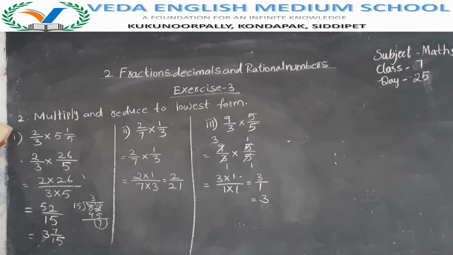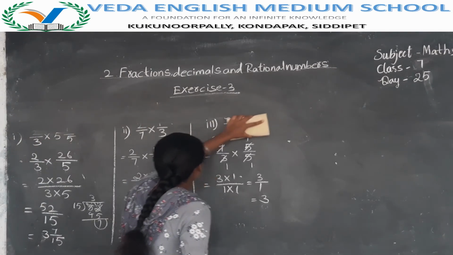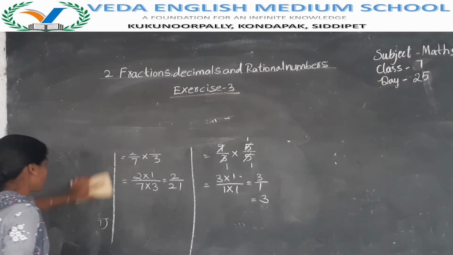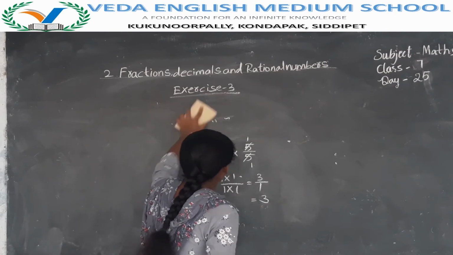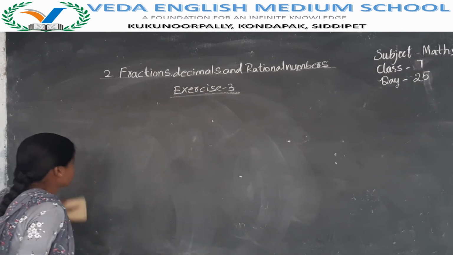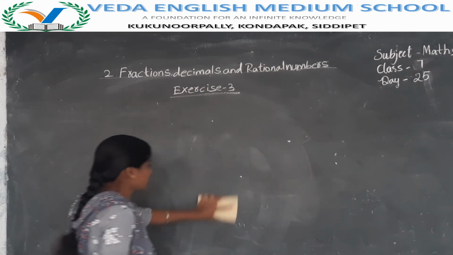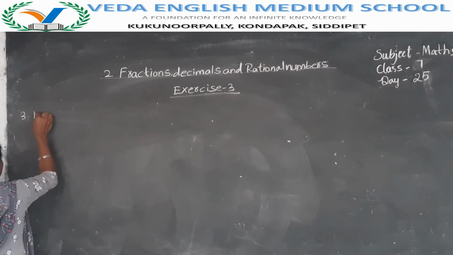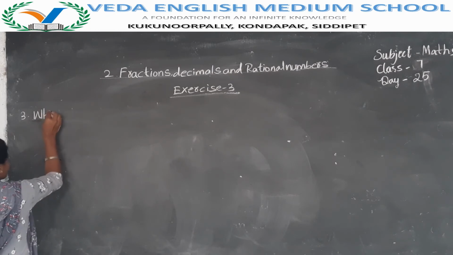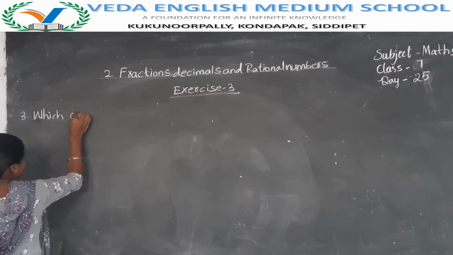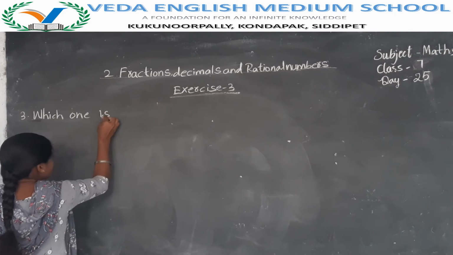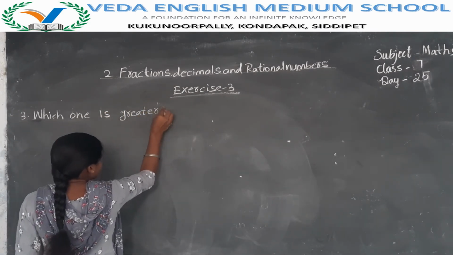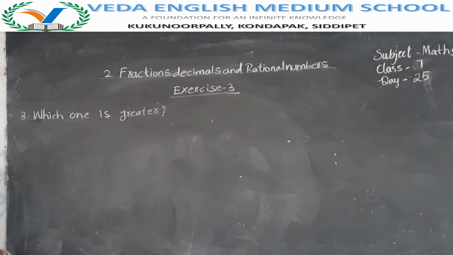Now the first and second bits have completed. Now the third bit is: which one is greater?